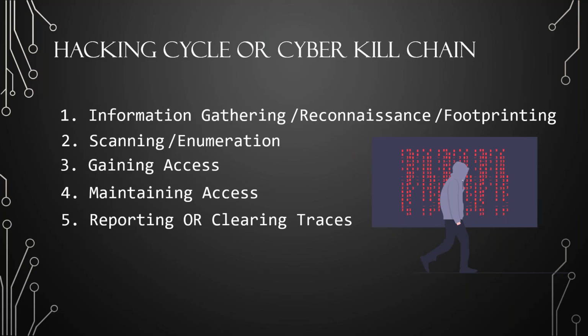Okay, so if you're a white hat hacker, you try to report the vulnerabilities found to the organization itself. If you're a black hat hacker, on the other hand, you don't report anything, obviously. You try to take advantage of it and you try to go anonymous. You try to hide yourself. And that is known as clearing traces, removing all the evidence. Okay, clearing the footprints, clearing all the logs, deleting the logs, all that falls under clearing traces.